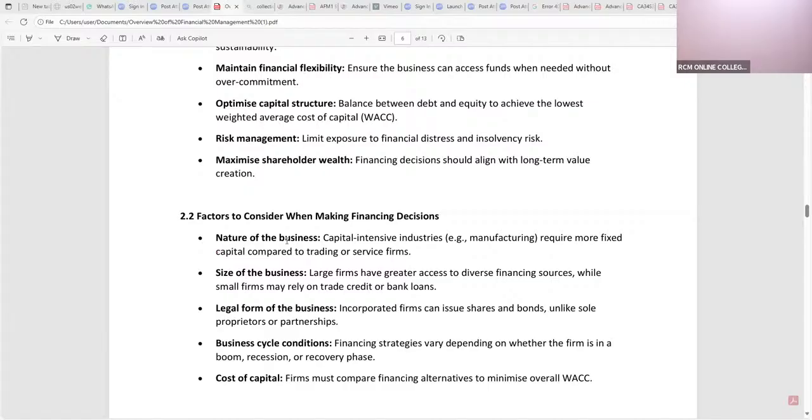I'll be able to look at the tax implications. When I choose debt, ladies and gentlemen, I expect to reduce my tax liability, because on debt we pay interest, and interest is tax allowable. Ladies and gentlemen, I will have to consider security. If I don't have security, this is a new point, then I don't have possibilities of getting debt.